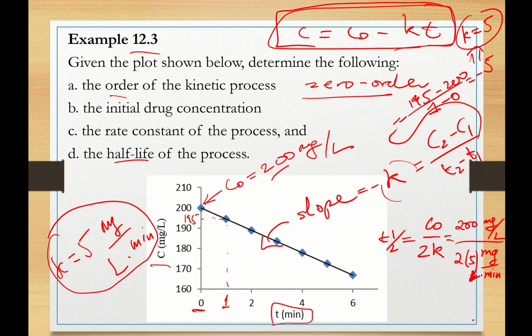So that's 20 over 10, and therefore the T half is equal to 20 minutes. Liters and liters cancel out, milligrams and milligrams cancel out.